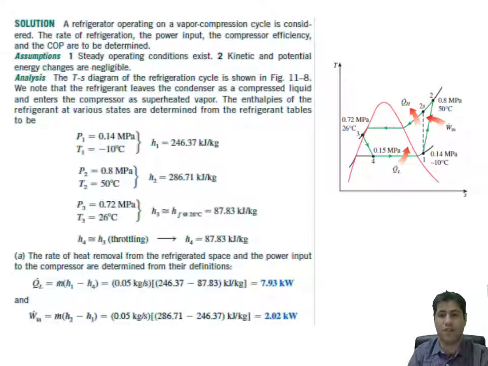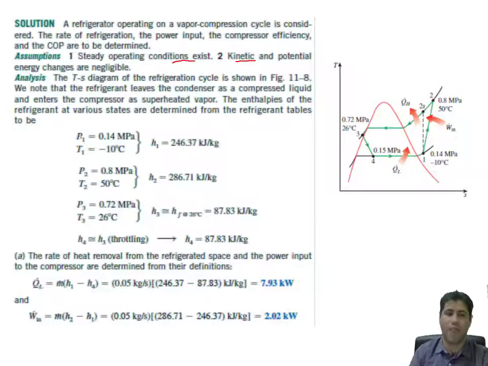The assumptions to solve this problem, similar to the previous one: steady operating conditions exist, and we also ignore the kinetic and potential energy changes. How to draw this TS diagram? First, we need to determine the temperature and the entropy for each state.